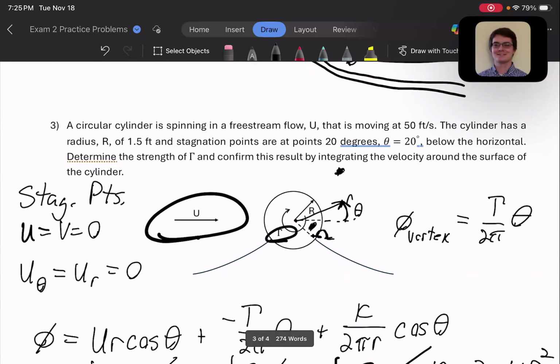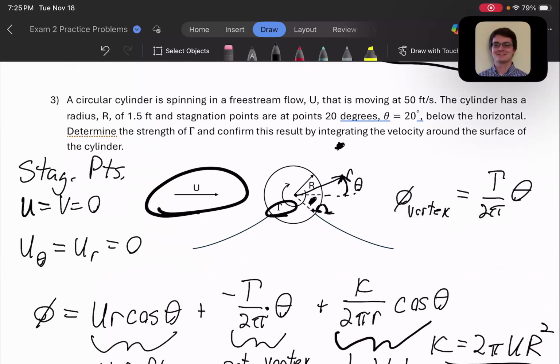What we could do, what do you want to do? Do you want to make spinning clockwise positive or counterclockwise positive? Okay, then that'll be going this way.